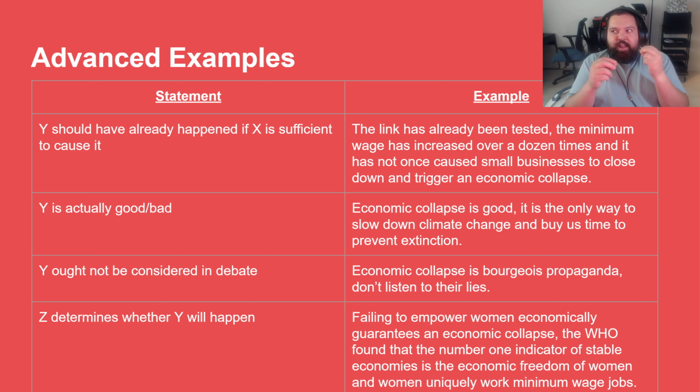But the problem that I find most students have and where they struggle with refutation is they know the term link turn, and maybe they even know how to make a few link turns, but they don't understand the function of a link turn or what it is doing, what premise of the other team it is denying potentially, and therefore how to apply it more universally and in every single instance.